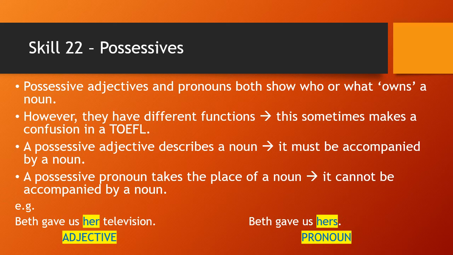Now, hers here is a possessive pronoun. Remember that a pronoun takes the place of a noun. So we don't need the television again. We just need the possessive pronoun. We need only hers. So, Beth gave us hers.